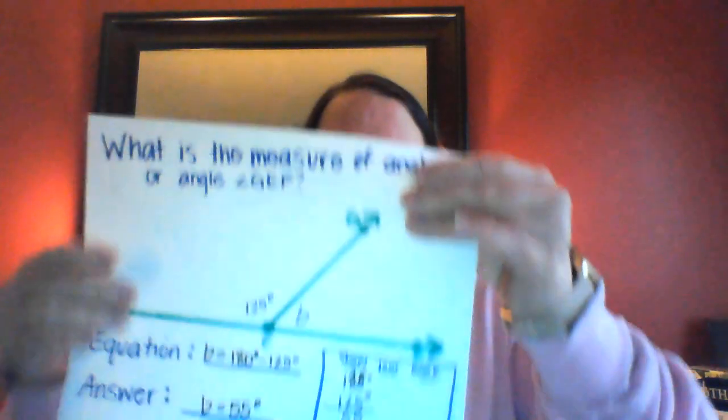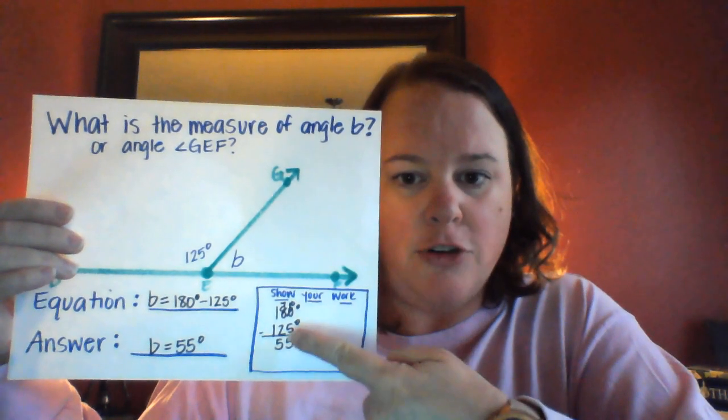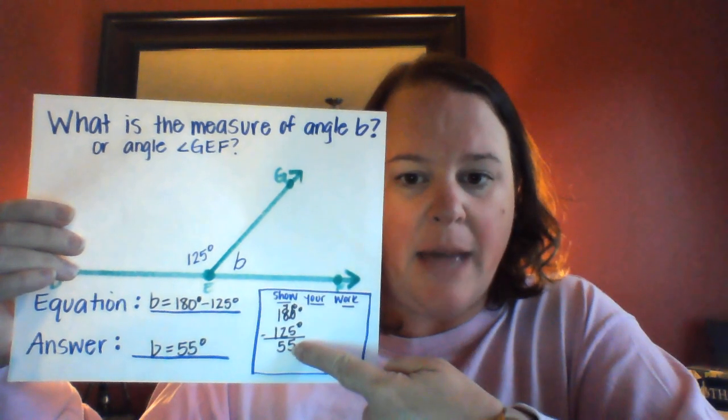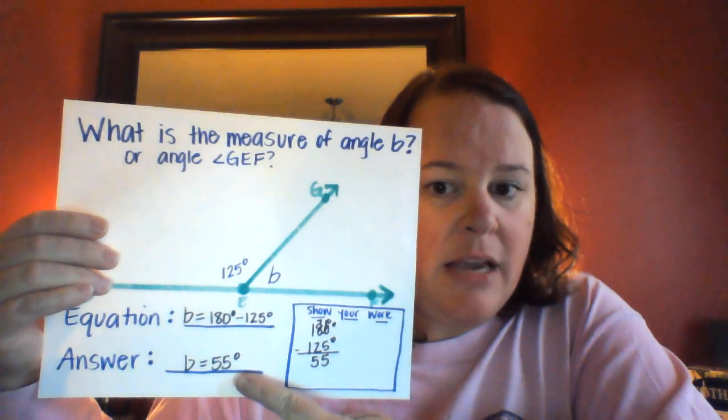I'll give you a minute to finish. All right, you can see in my workbox, I did 180 degrees subtract 125 degrees, and my answer is 55 degrees. So B equals 55 degrees.